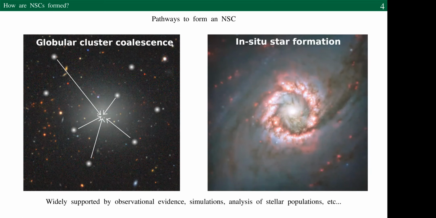These mechanisms are not universal for all galaxies, but the coalescence of globular clusters seems to be more likely for galaxies below 10 to the 9 solar masses, and above that the in situ star formation seems to be dominant. A mixture of both mechanisms also seems to be frequent in galaxies. This is shown very clearly with the analysis of the star formation history of a nuclear star cluster, showing these scenarios.